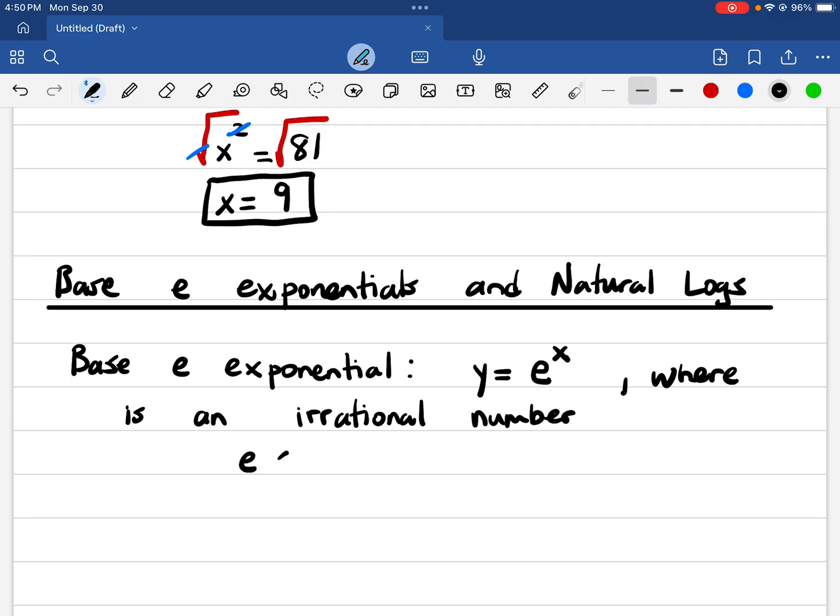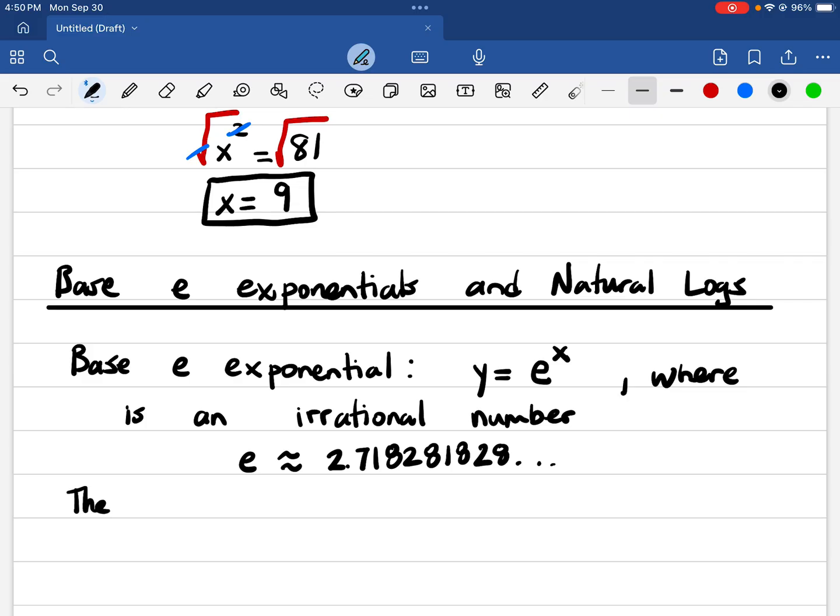And it is approximately equal to 2.71828 1828, and then it kind of keeps going on from there. So it's like pi in that it's an irrational number that does not stop, that does not terminate. So this is what we're talking about here. Instead of having a base B, where B could be like 2, 3, 4, something like that, the base in this case is E, which is an irrational number.